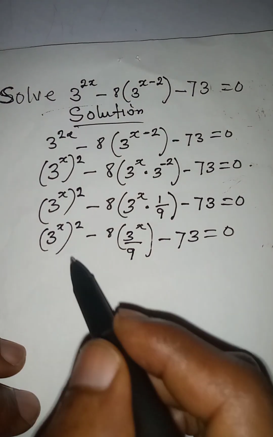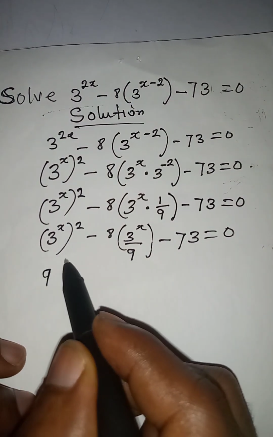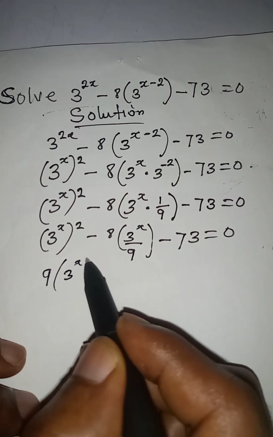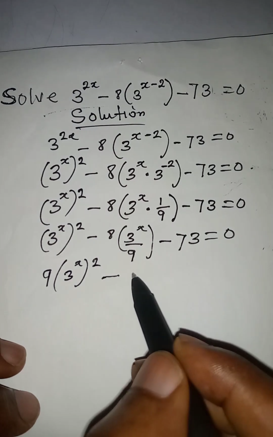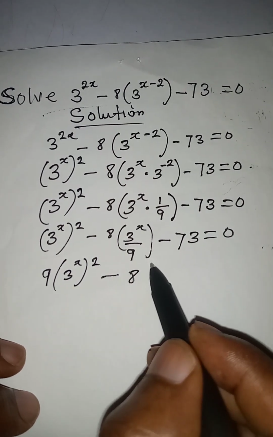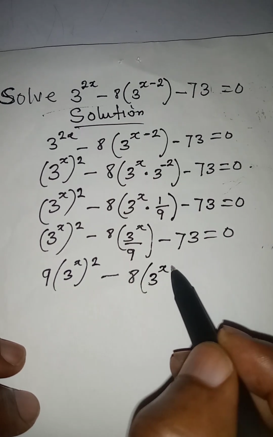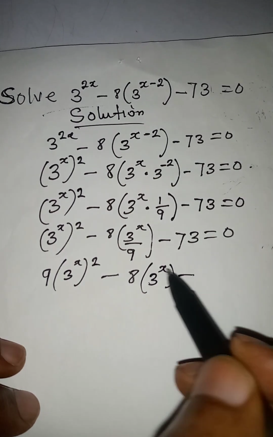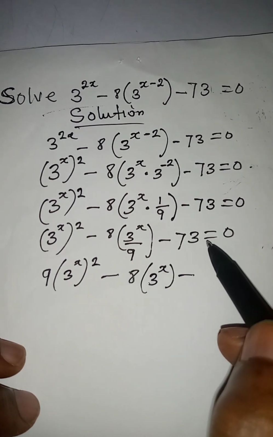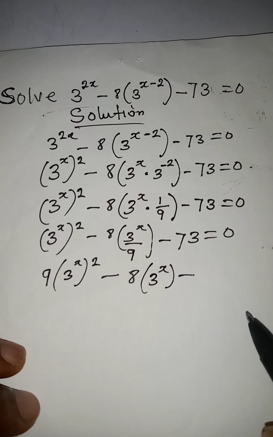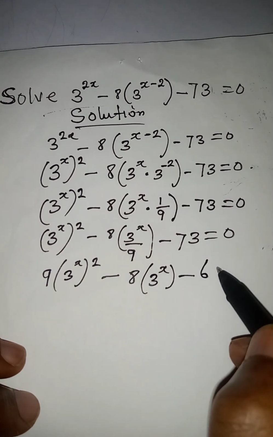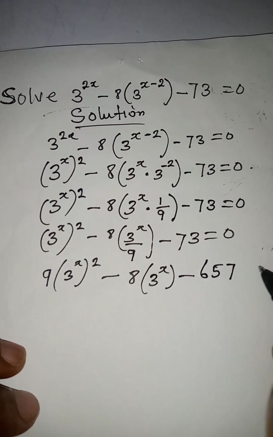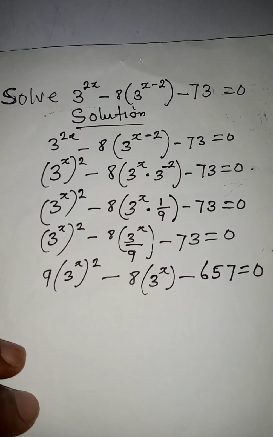So 9 times this will give me 9 multiplied by 3 to the power x all squared, minus 9 will cancel itself from here, and I'll have 8 into bracket 3 to the power of x, then minus 9 multiplied by 73, and that 9 multiplied by 73 will give me 657. This is equal to 0.